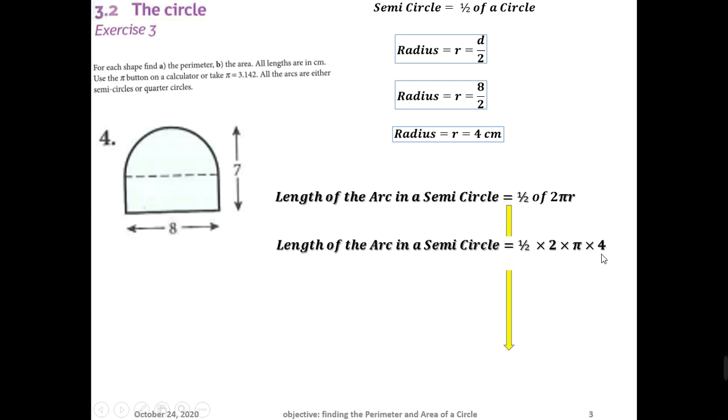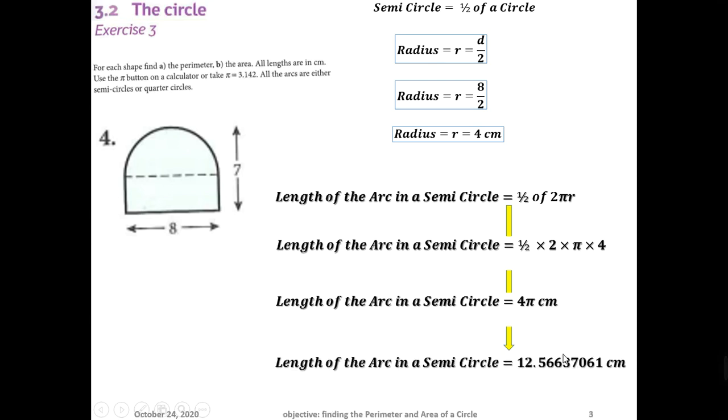And write your answer in terms of pi at first. So half times 2 comes down to 1, and 1 times 4 is 4 pi. 4 pi centimeters, because the length of the arc is measured in millimeters, centimeters, meters, kilometers, and so on. Then write the answer as a decimal when you insert this in the calculator.